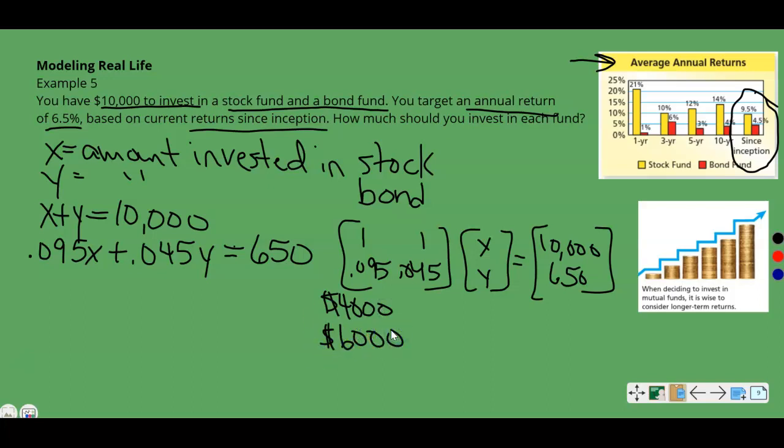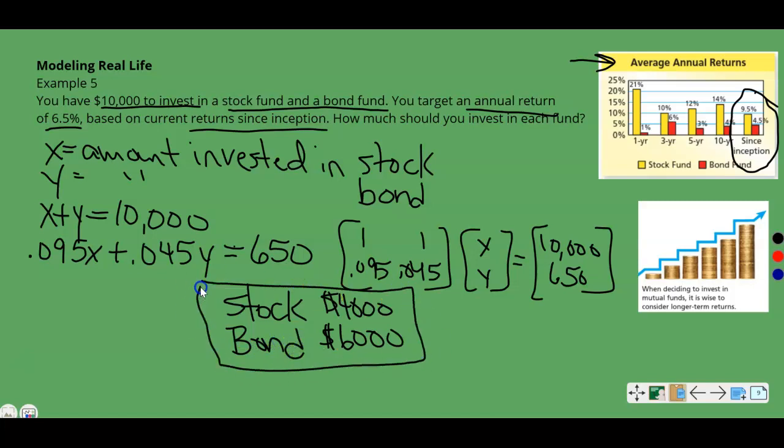Remember that X is the amount invested in stock. So we want to put $4,000 in stock and $6,000 in bonds. So how much should you invest in each fund? According to this system of equations, your best option would be to put $4,000 in stock and $6,000 in bond.